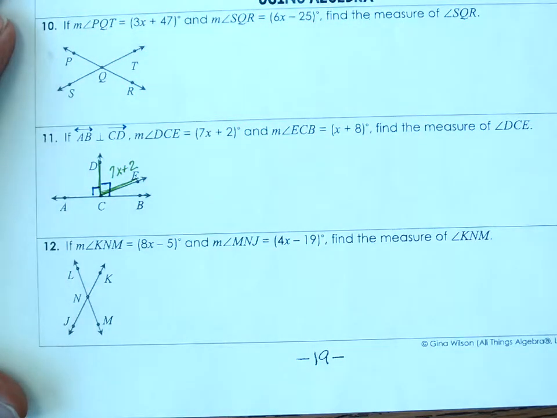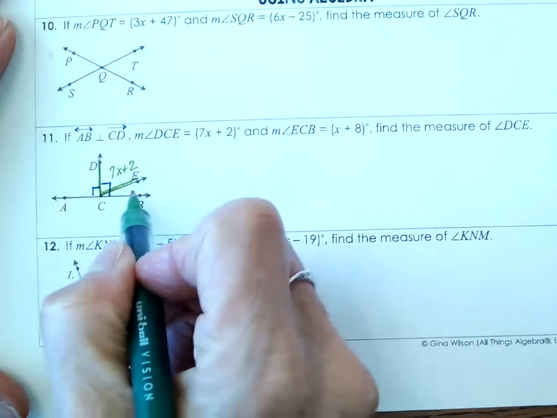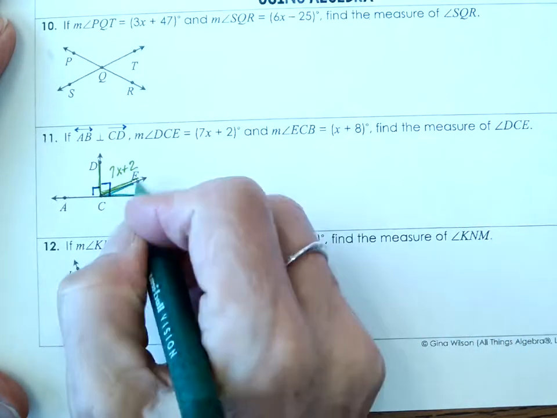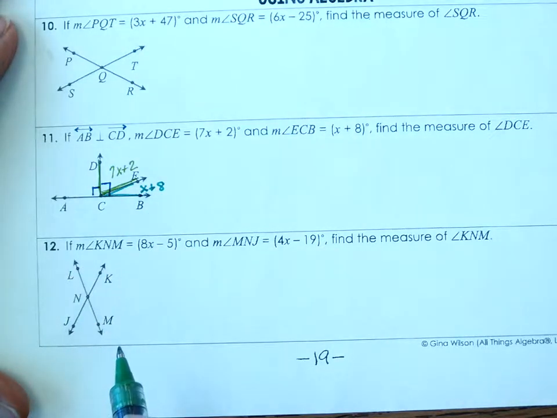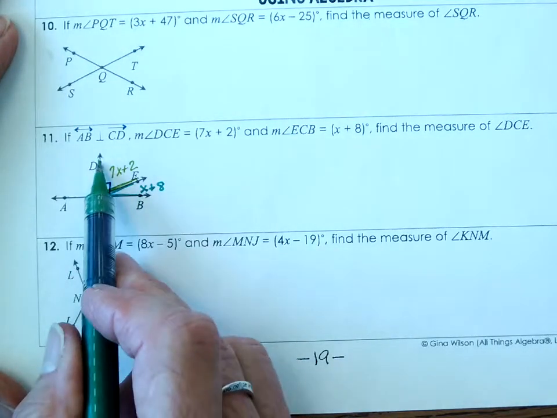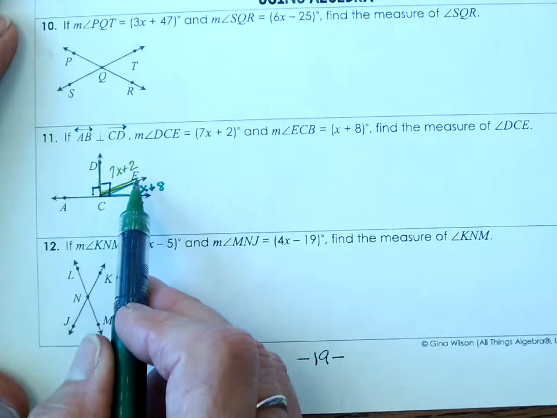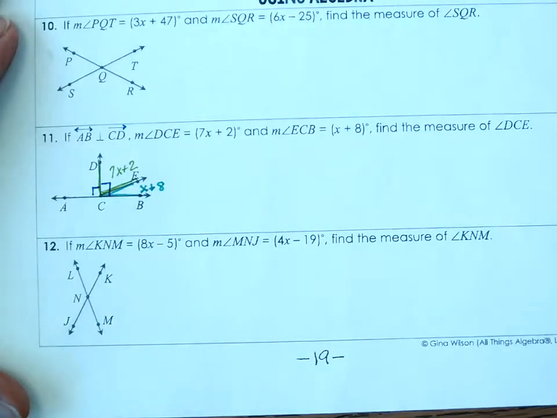And the measure of angle ECB, this one right here, is x plus 8. Find the measure of angle DCE. So our final goal is to know that measurement, that number.